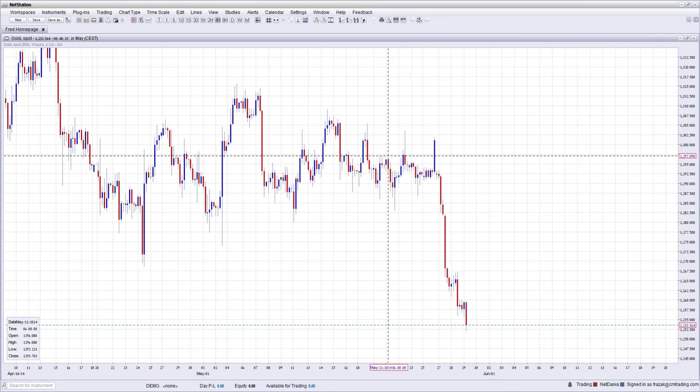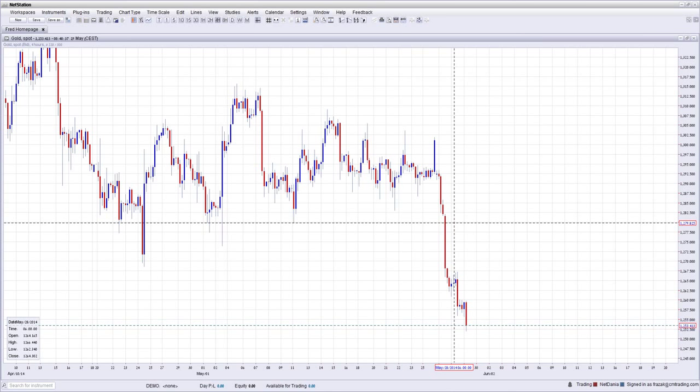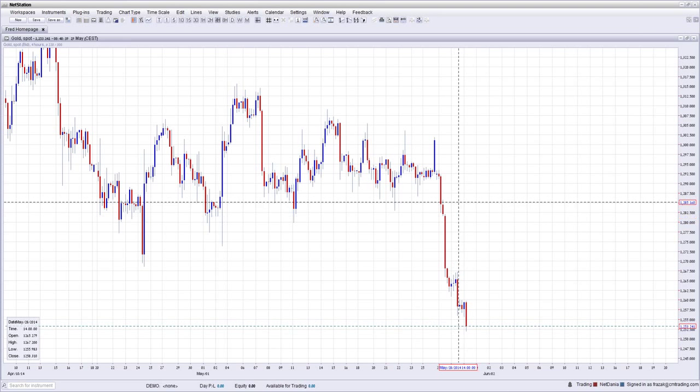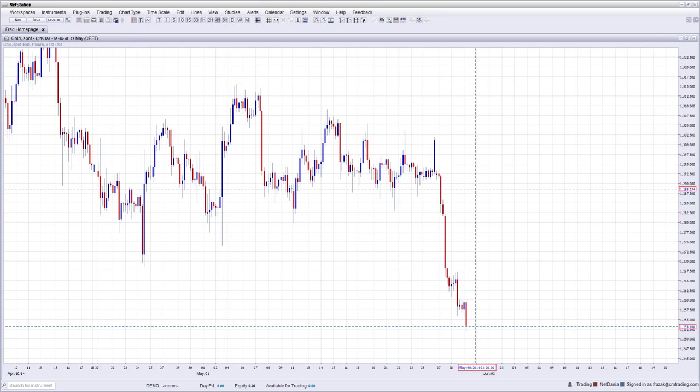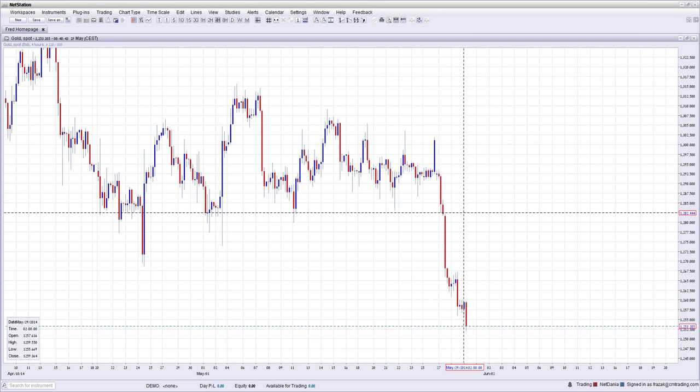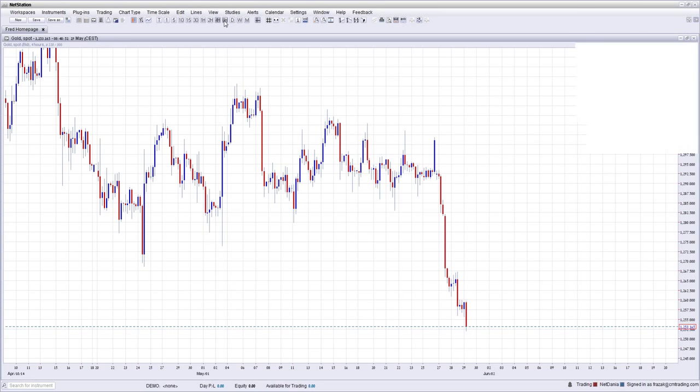Looking at the gold, it really tanked this week. Major tank. It broke 1285, which was a major level, 1288, 1289, and then subsequently broke 1282, and then we never saw light of day, and now it's at 1253. This is a major retracement for the gold, not even a question.